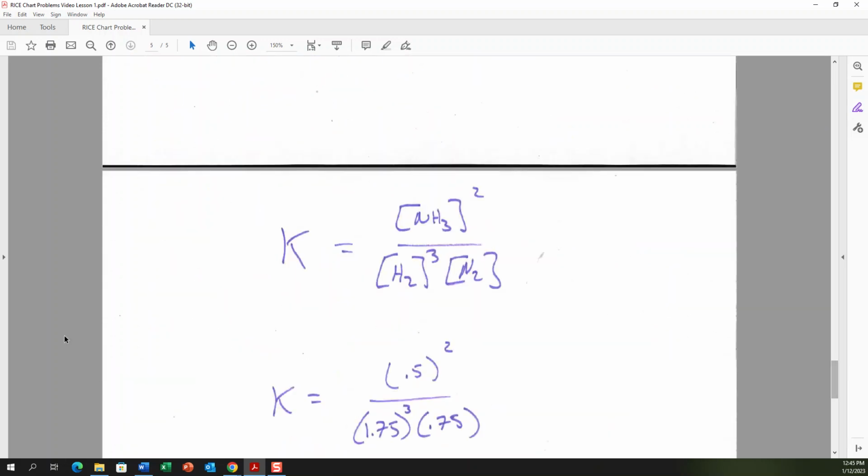Okay, so again, we're going to have some other videos going over some other similar problems, but just maybe asked differently, maybe given different things. But in the end, setting up a RICE chart helps us organize the information and then figure out, okay, well, this is what I need, and this is what I have in my RICE chart.